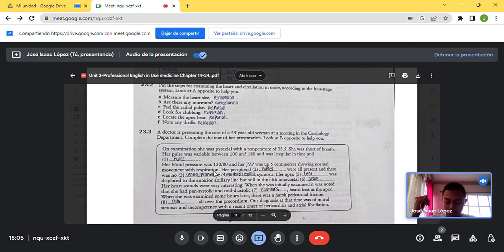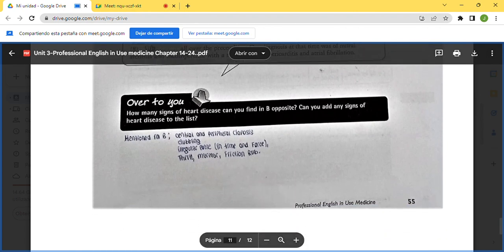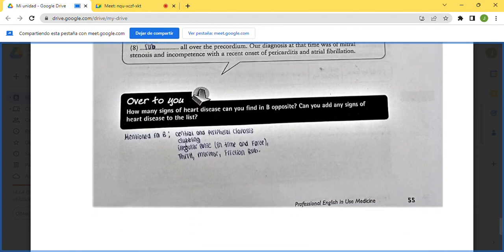One of them is mentioned in exercise B: we can see the central and peripheral cyanosis.